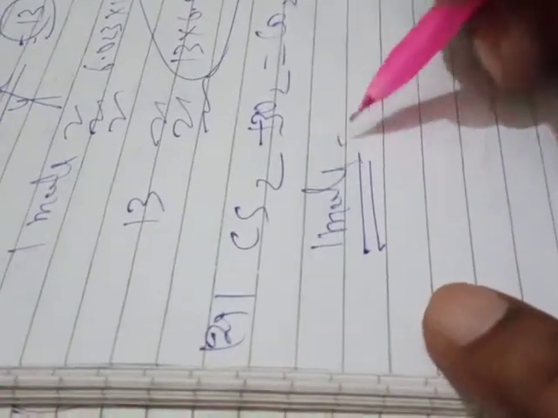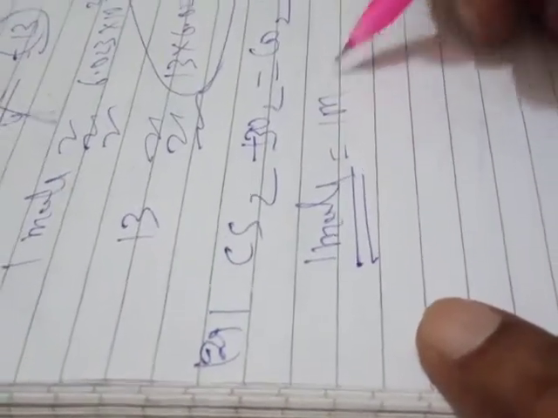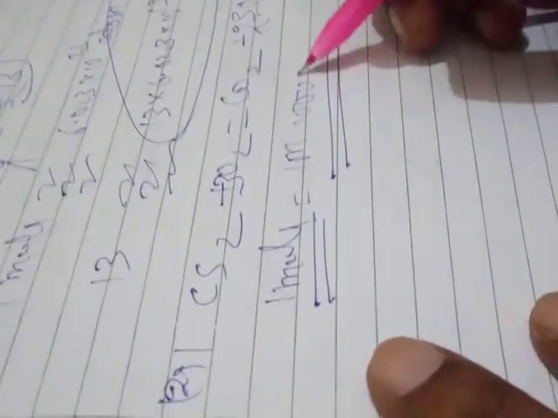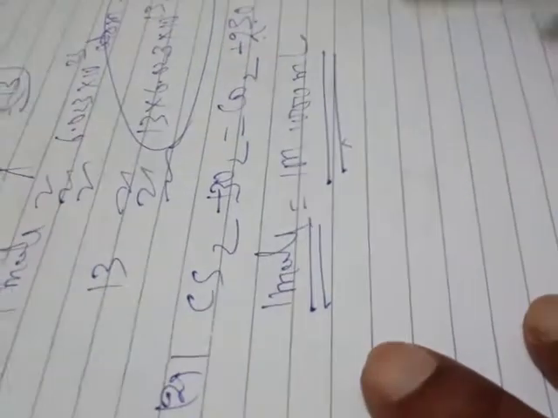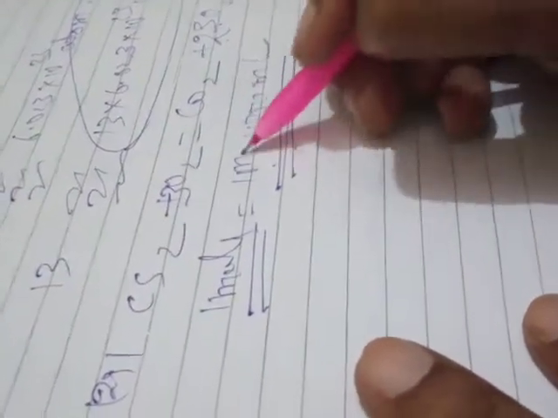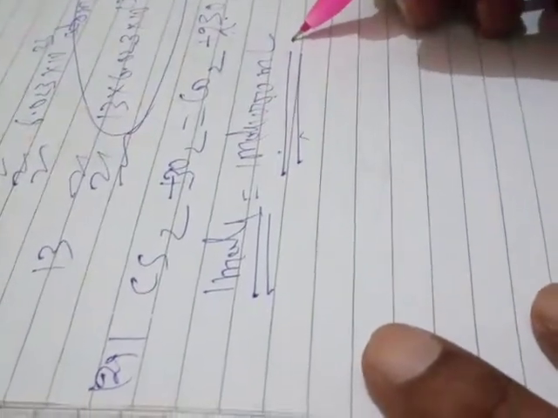Under this condition, 1 mole of a gas is working here. 1 mole is present in 1000 ml, that should be the case. But here something else is given: the specific gravity is 2.63.